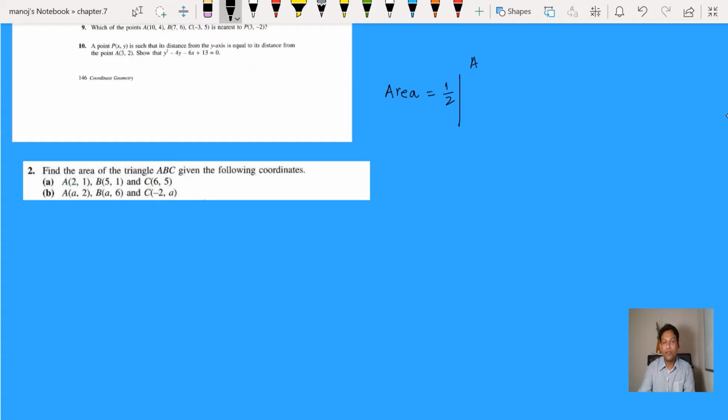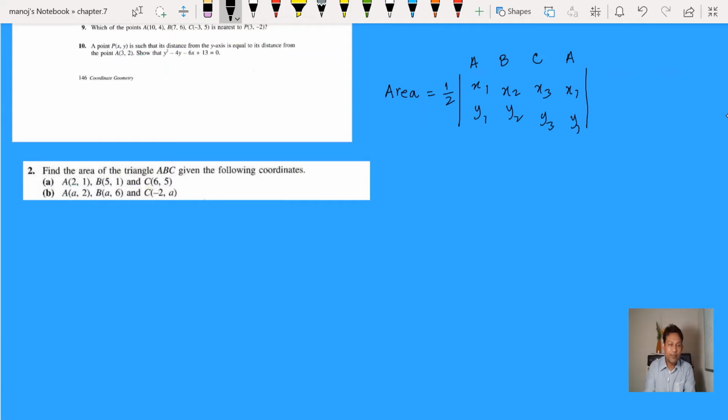We write coordinate A, coordinate B, coordinate C, and again coordinate A. This is x1, y1, this is x2, y2, x3, y3, and again x1, y1.